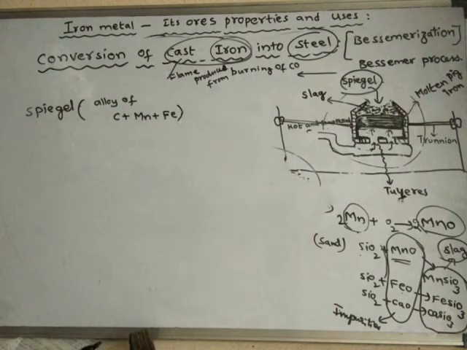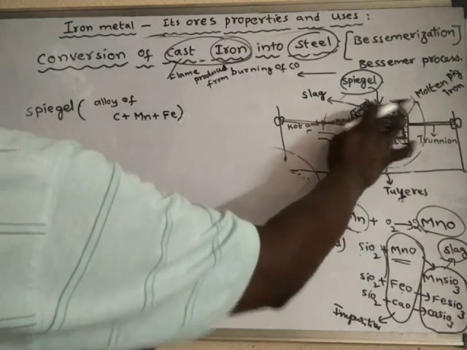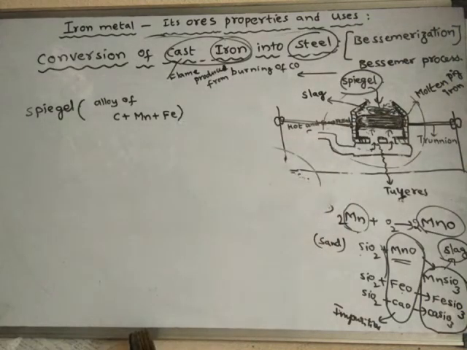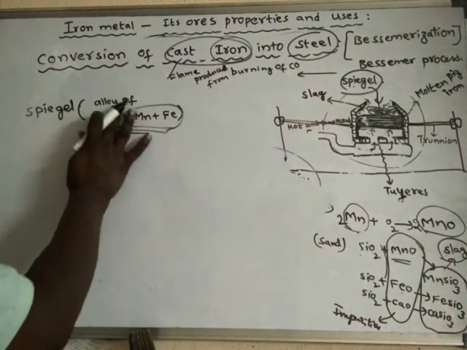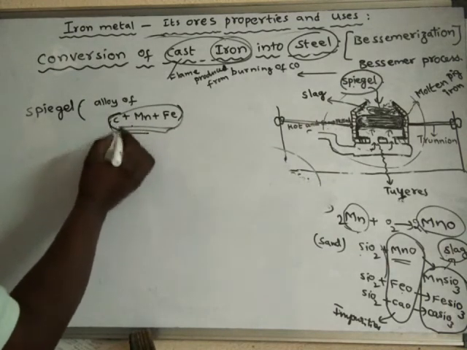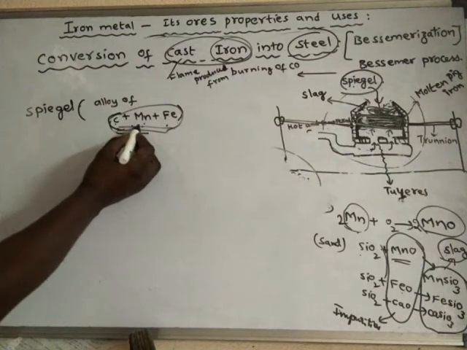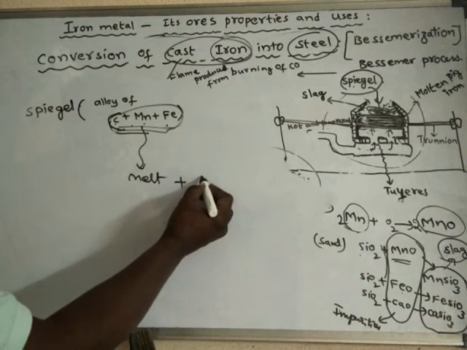Now the spiegel which is added, this alloy, should melt and mix with the iron to form steel. The substances present in the spiegel will melt and mix up with the iron.